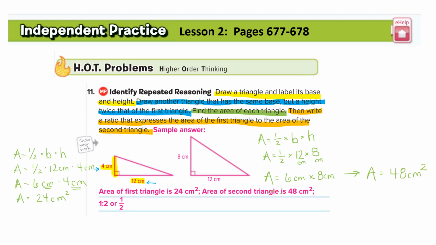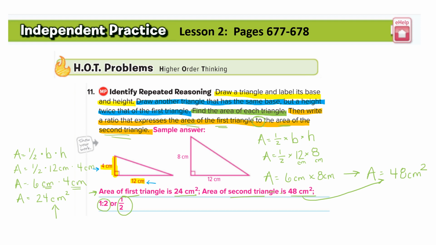So what's our answer here? The area of the first triangle is 24 centimeters squared, and the area of the second triangle is 48 centimeters squared. So it's 1 to 2, or 1/2. Going back to the question, write the ratio that expresses the area of the first triangle to the area of the second triangle.